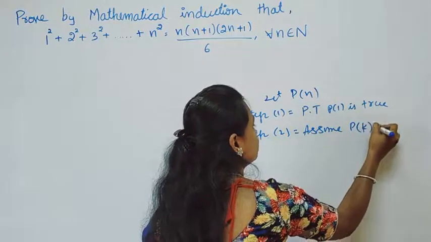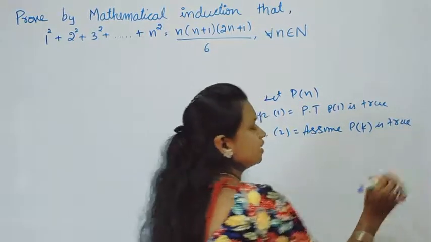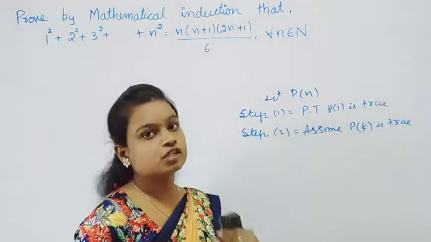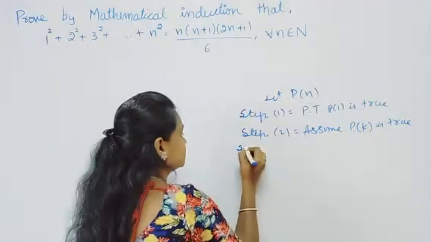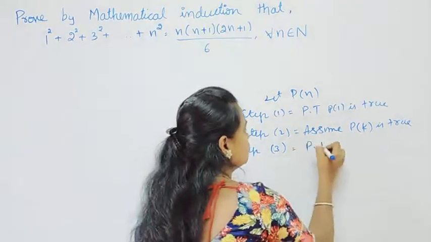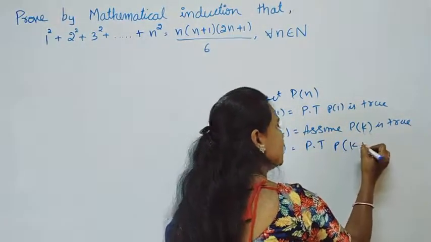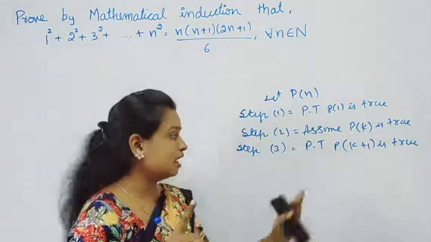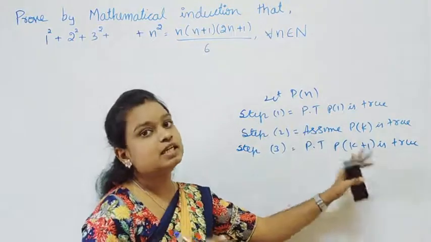Assume P of k is true. So in the next step we have to assume that P of k is true for some k. Step 3 is to prove that P of k plus 1 is true. So after that we have to show that P of k plus 1 is true.